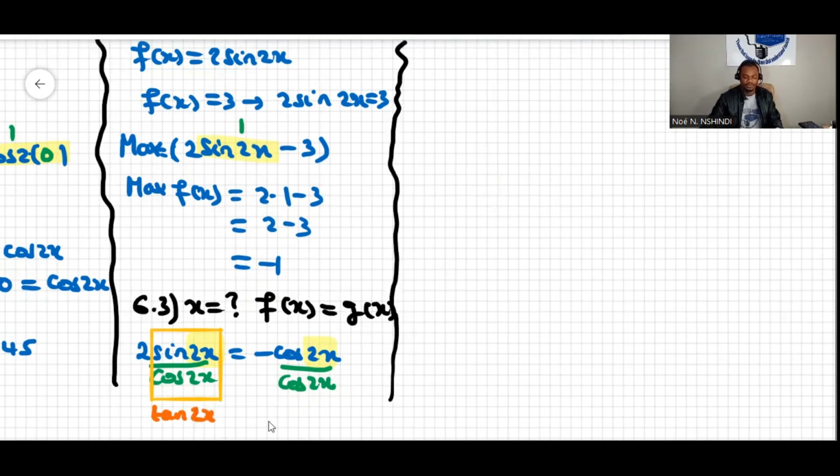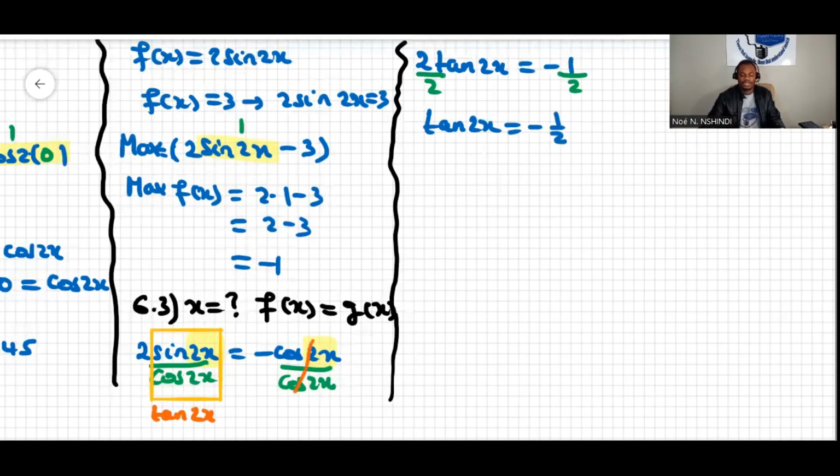So this means tan 2x equal to -1, because cos 2x over cos 2x simplifies, it just makes 1. And then I'll divide by 2 on both sides, and then we'll get tan 2x equal to -1/2.